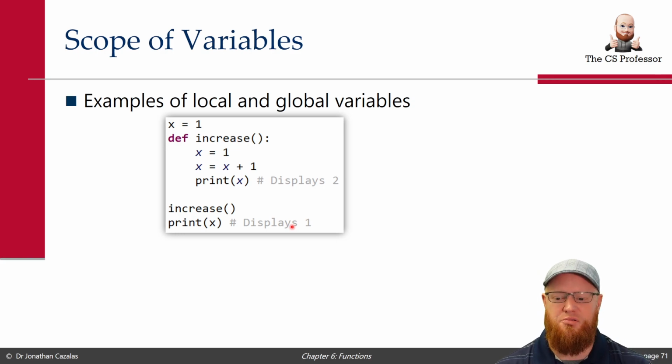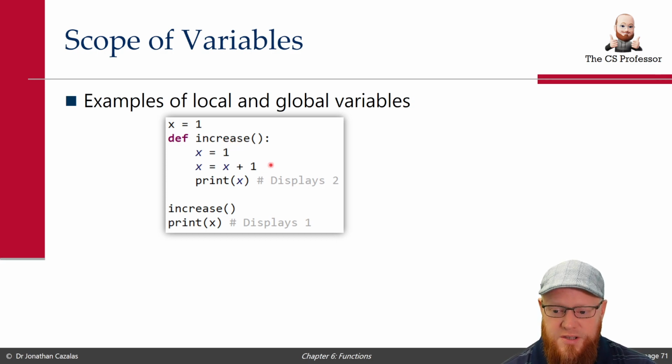This is similar to that previous example, because again, this x, even though it's the same name, is a global variable x. This here is a local variable x, local specifically and only to this function increase.